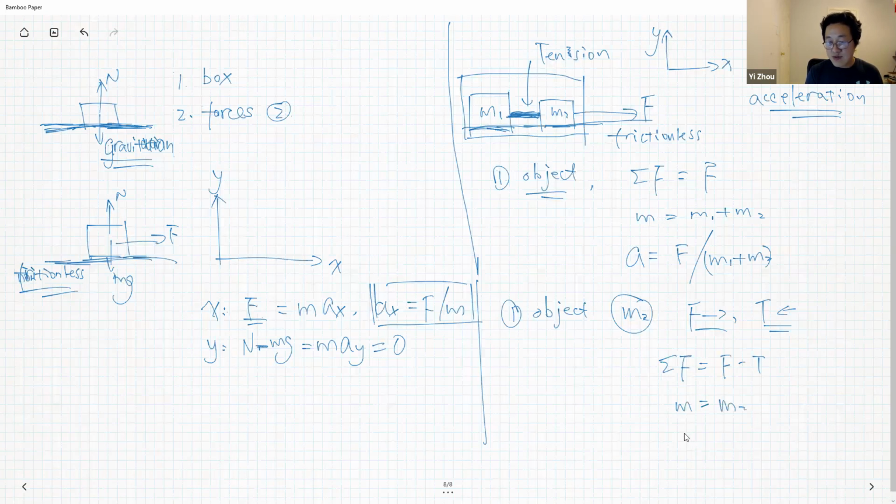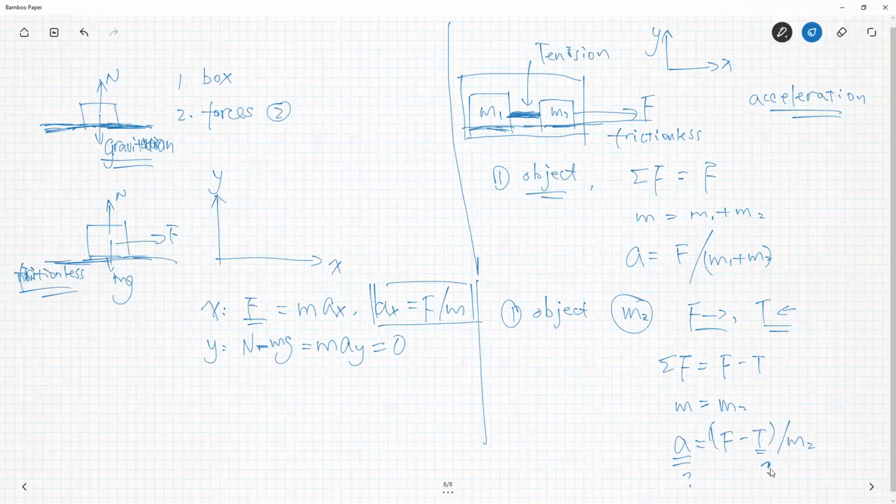So what we get is A equals F minus T divided by M2. So we have two unknowns here, right? A is unknown, and T is unknown. So how do we get T if we have two unknowns? You can get another equation.